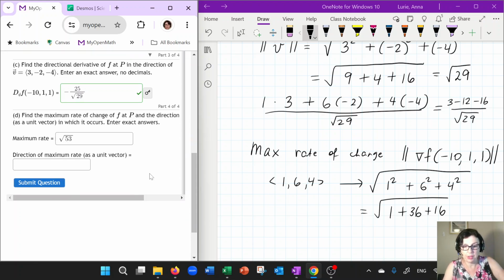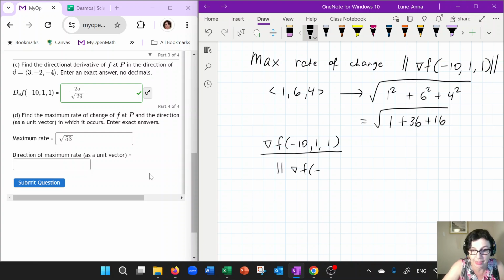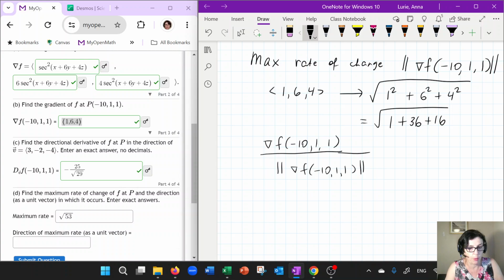Now, in terms of direction, the theory says that the direction of the maximum rate is the gradient, okay? However, most of the time on the homework, they want it as a unit vector. So you need to divide by the magnitude, and you just computed it. So all you have to do is go back to your gradient, which again has nothing to do with v, so 1, 6, 4, and normalize it by dividing by the magnitude, which was the square root of 53.